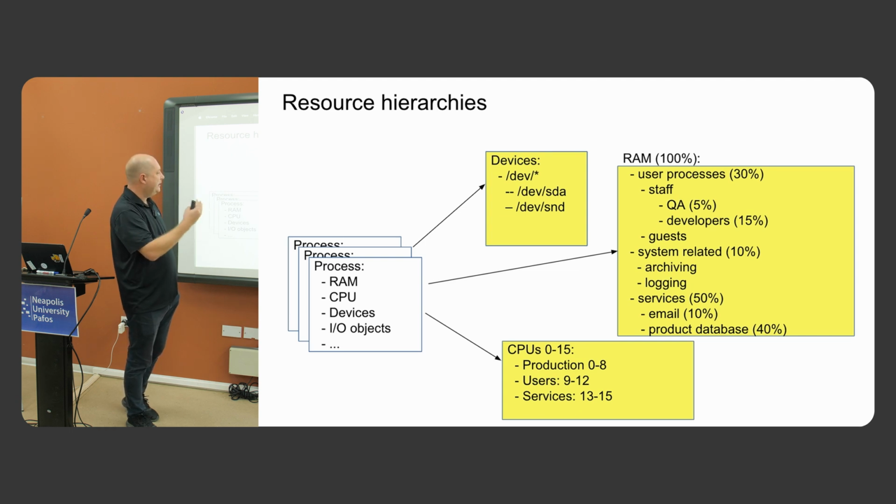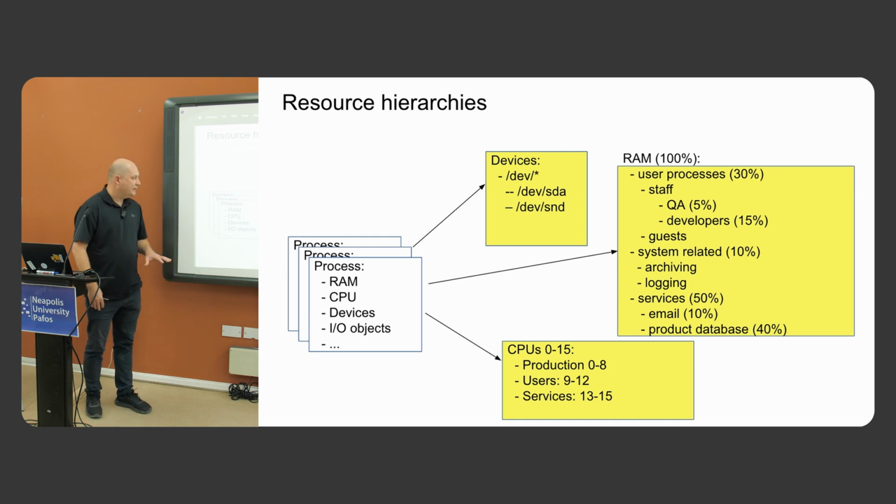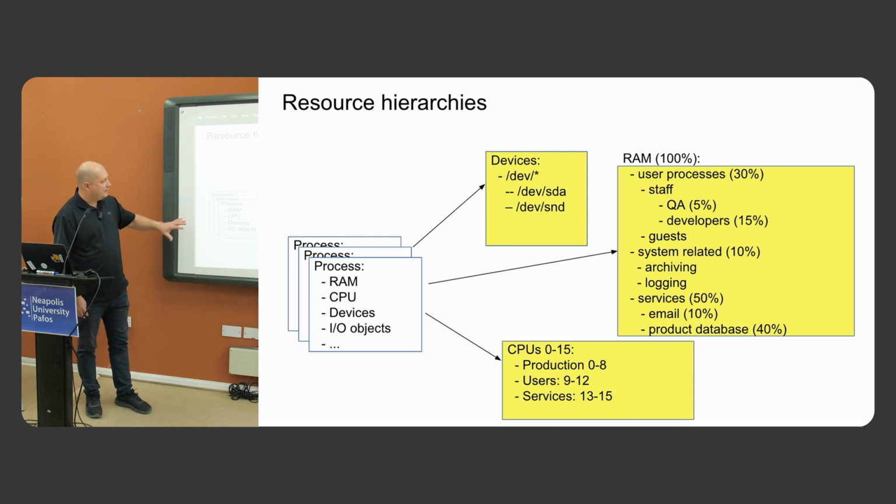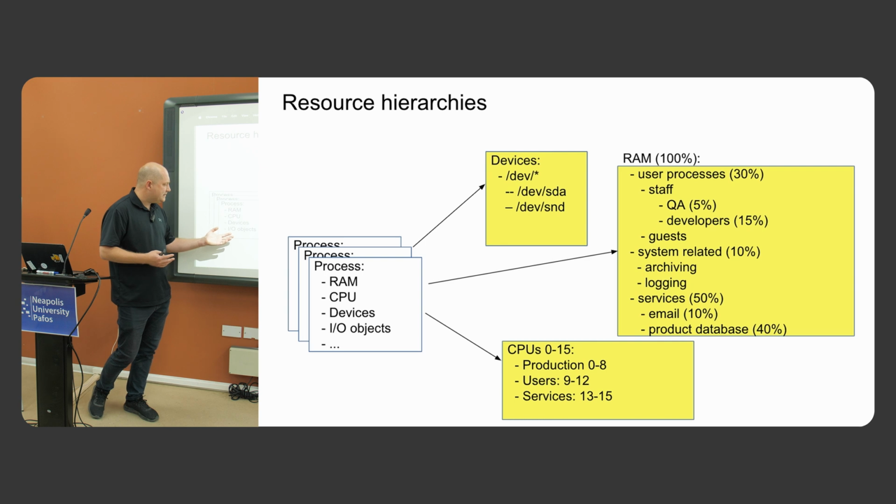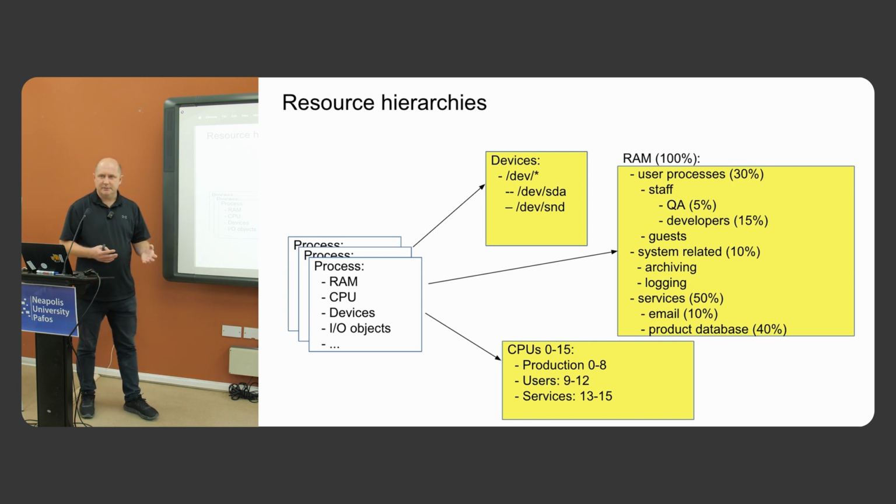Imagine this is the resources of some server, some hardware machine. You have some set of processes, and a process usually has some resources, some RAM, CPU, devices, I/O objects, and so on, right? And you have many processes.